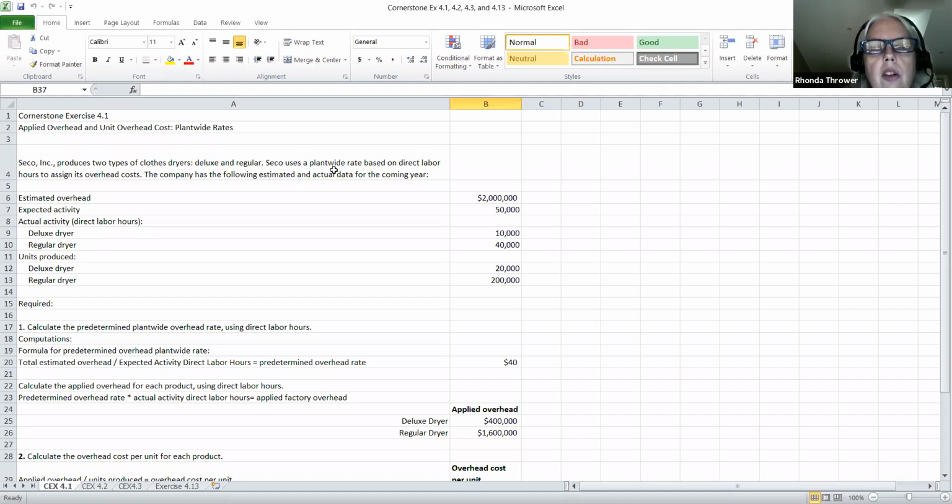And eventually, we're going to learn in this chapter how to calculate overhead rates based on activity-based costing. But in this first problem, we're using a plant-wide rate, which just means we're using a factory overhead rate for the entire company.